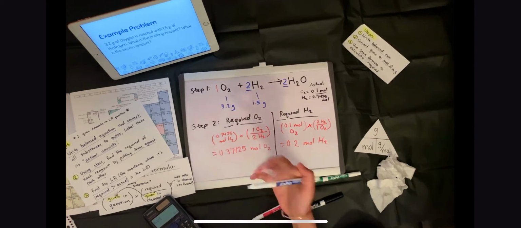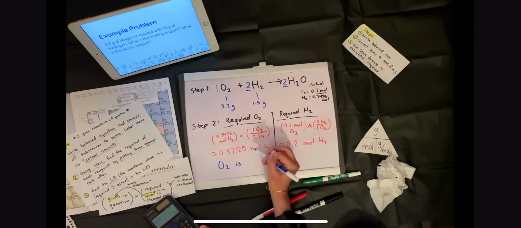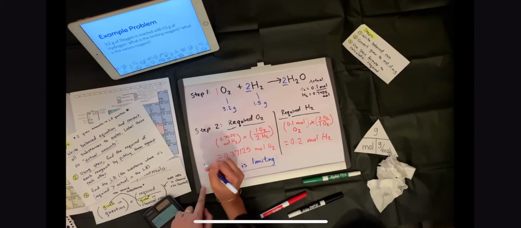So O is limiting, because the actual is less than the required.